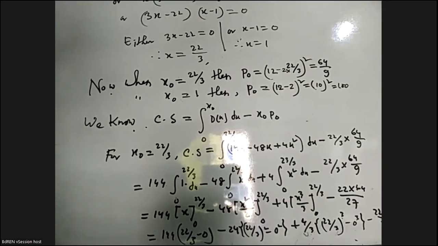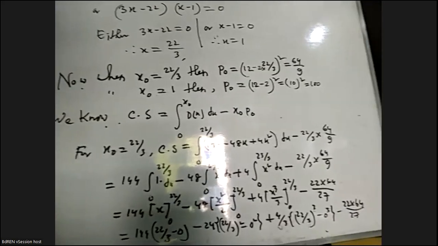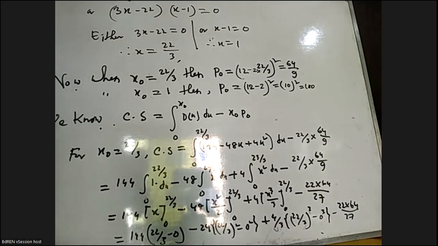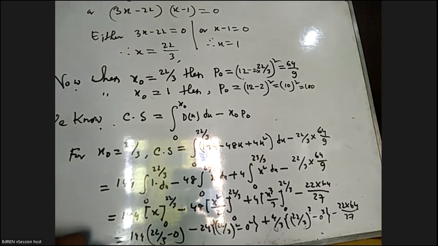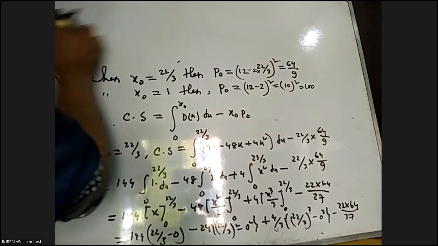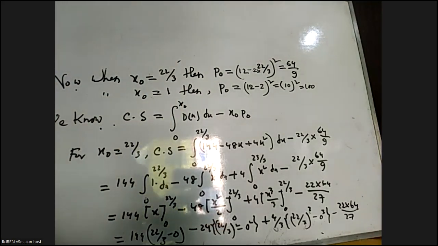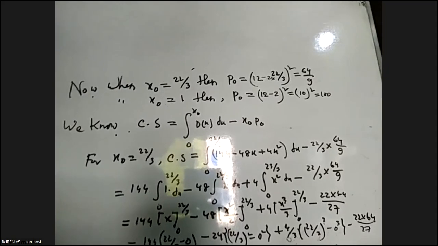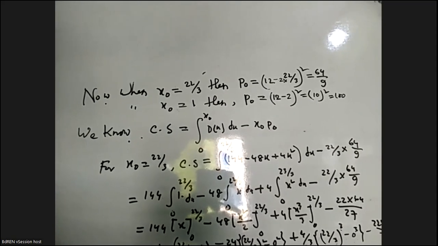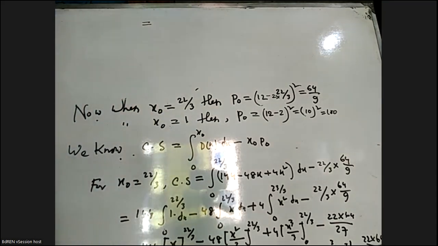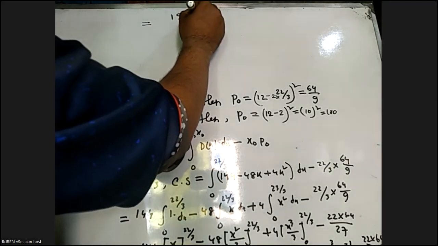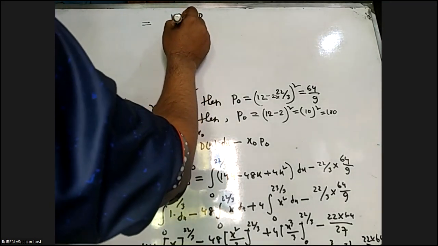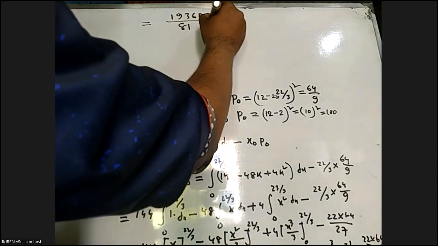So easily we can write this one. After this calculation, we can find the consumer surplus will be 19,360 divided by 81 units.